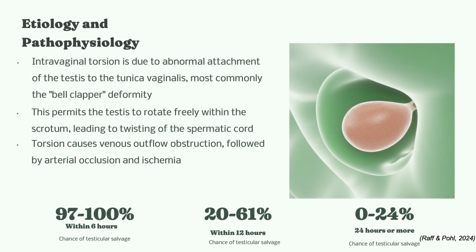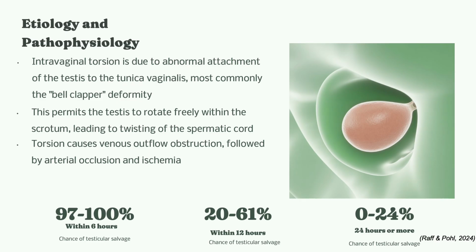Intravaginal torsion is due to abnormal attachment of the testes to the tunica vaginalis, most commonly the bell clapper deformity. This permits the testes to rotate freely within the scrotum, leading to twisting of the spermatic cord. Torsion causes venous outflow obstruction followed by arterial occlusion and ischemia.